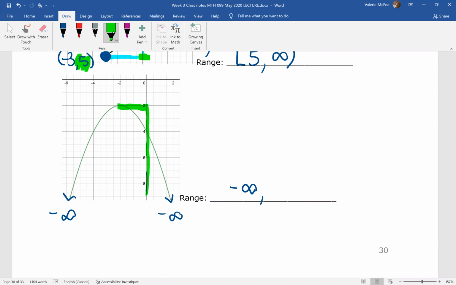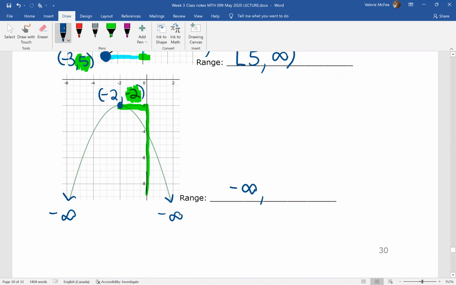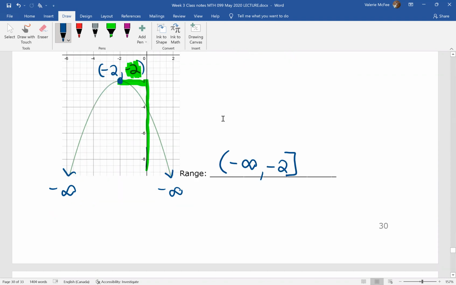Stops right there. Remember, we're talking about y values. Its highest y value is -2. Infinity's round. -2 is a point on this graph.